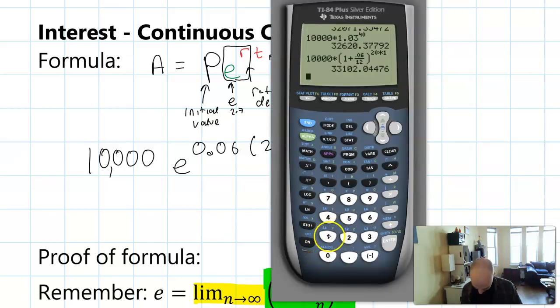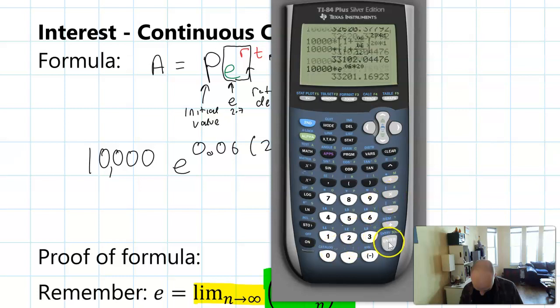Let's see what we get. There is an e to the x button, by the way. I'll highlight it. It's right here, so you can just do boop, and then we do 0.06 times 20. 33,201. So compared to compounding monthly, this is a difference of about $100.